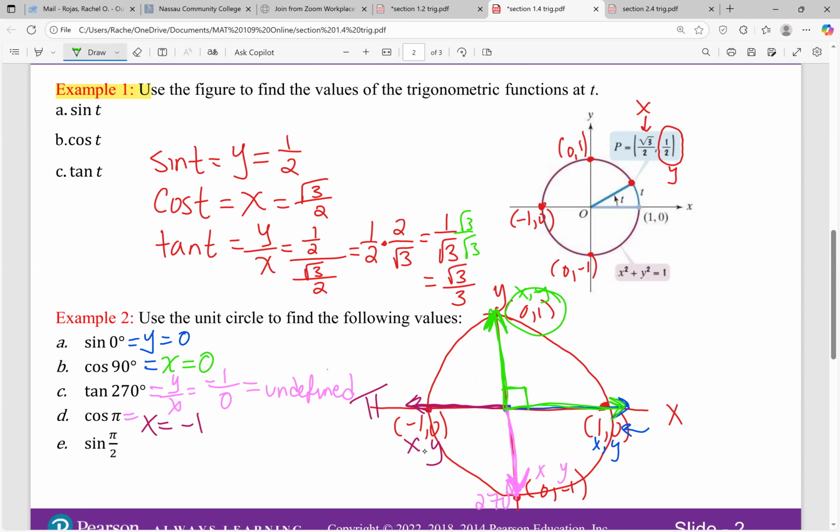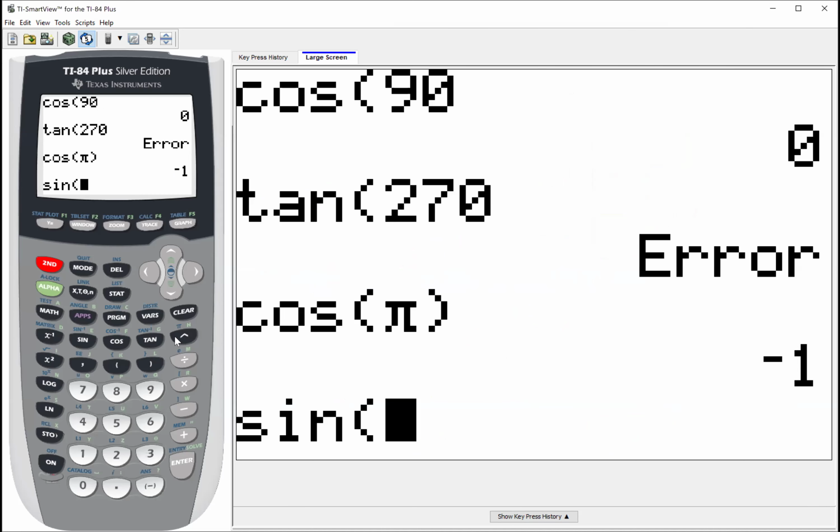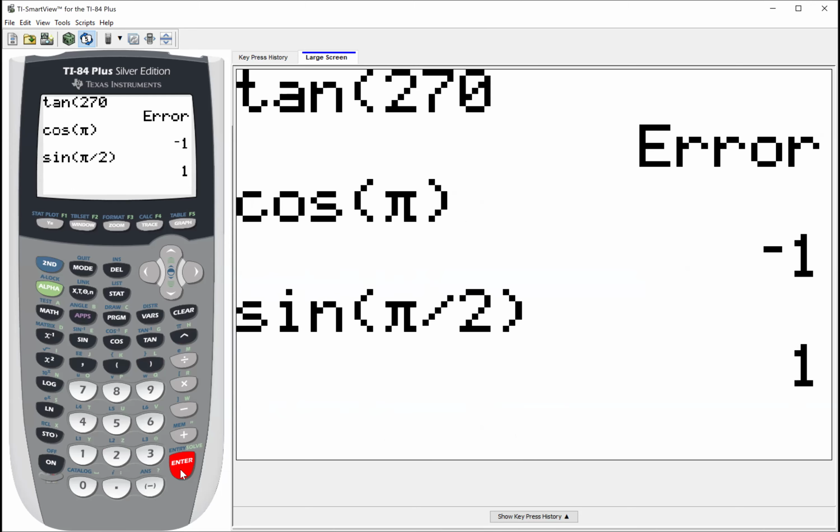So the terminal ray is going to go through the point (0, 1). And sine is equal to y, and the y value at this point is equal to 1. So the sine of pi over 2 is equal to 1. And we could confirm that in the calculator. So we're in radian mode, so we're going to do sine and then pi divided by 2. And we get 1.